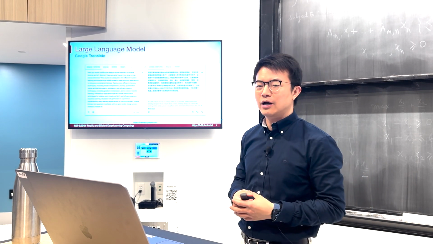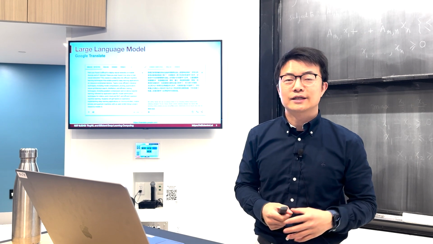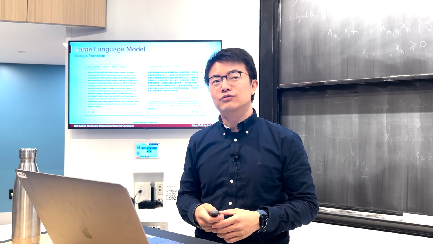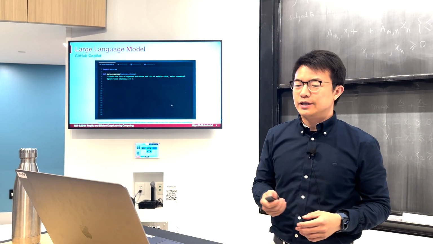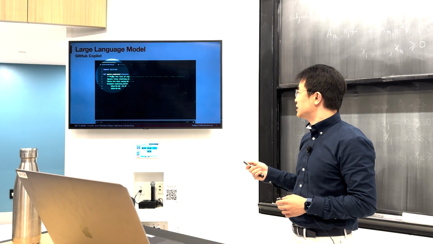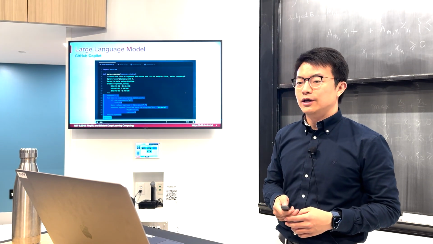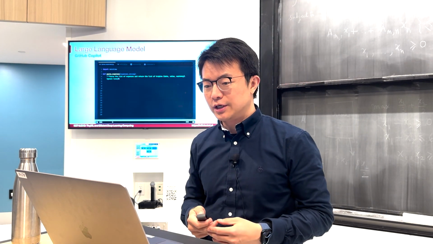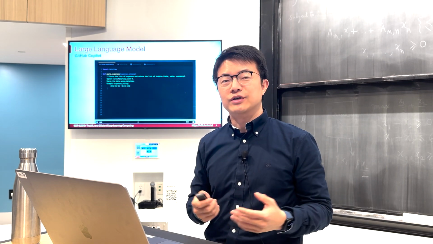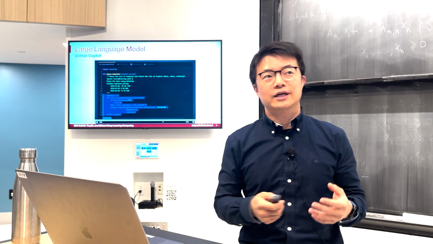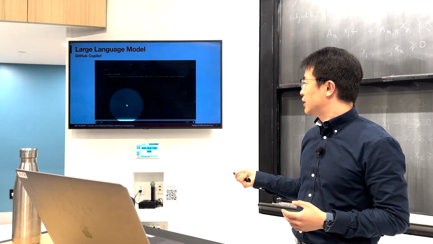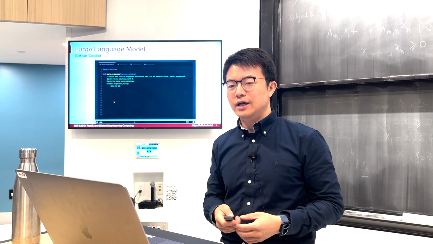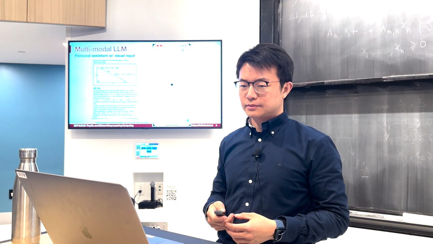Here are some other examples. Google Translate can easily translate between different languages. And here it shows GitHub Copilot writing a piece of code to parse a list of expenses, and then it automatically comes up with the code generated by GitHub Copilot.